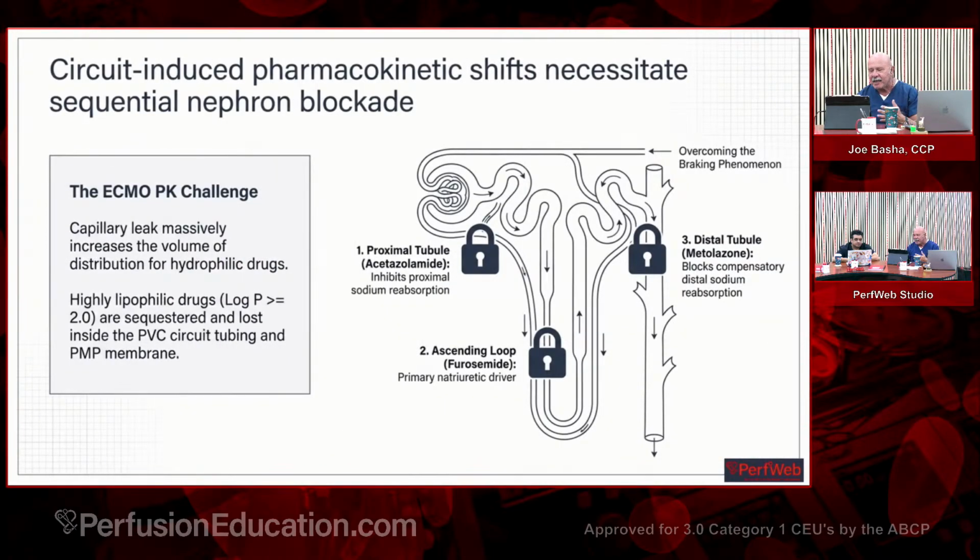The ECMO PK challenge: capillary leak massively increases the volume of distribution of hydrophilic drugs. That's very important because volume of distribution is extremely important for a lot of our drugs. Exactly. And if you screw that up, your drugs aren't working correctly anymore. Highly lipophilic drugs are sequestered and lost inside the tubing and the oxygenators.